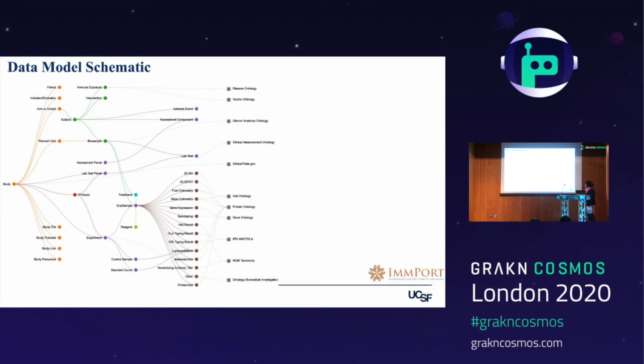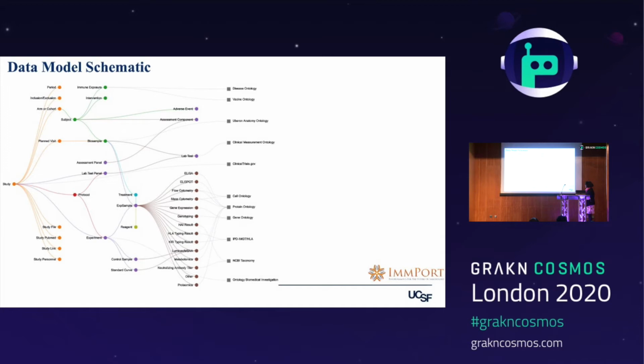I'll get to the schema now. For the ImmPort data model, like a typical relational database, we start with a study, and then we have the arms, like a control arm and treatment arm, the experiments that get carried out on the studies, and then the ontology.